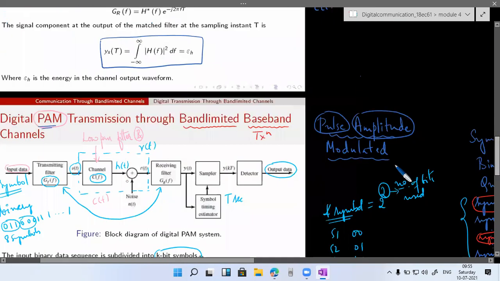Right now we have mathematically got what this r of t is equal to, and because we have got this r of t, we are at the doorsteps of our receiver unit. And we are trying to knock on the door of this receiving filter. So we are standing somewhere over here. We are done with all these blocks, and we have got our received signal mathematically. Let's see what further happens.